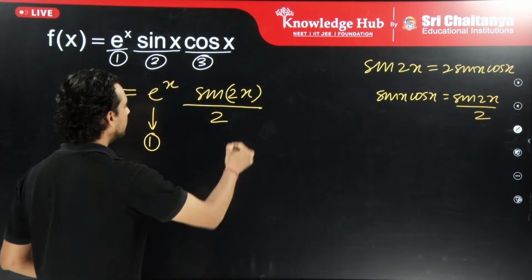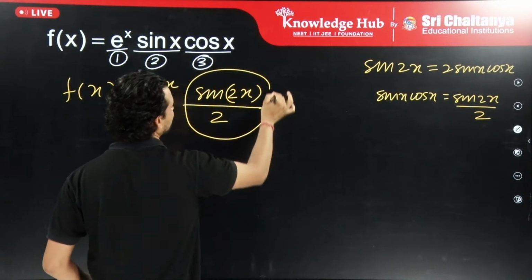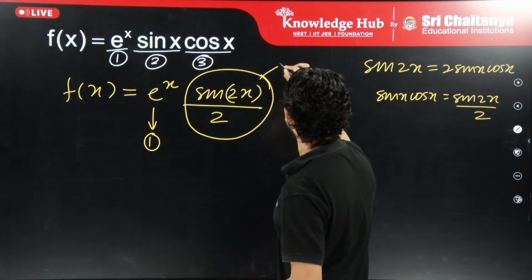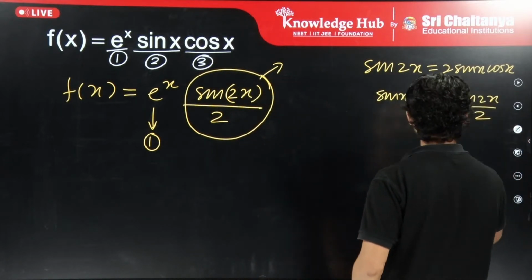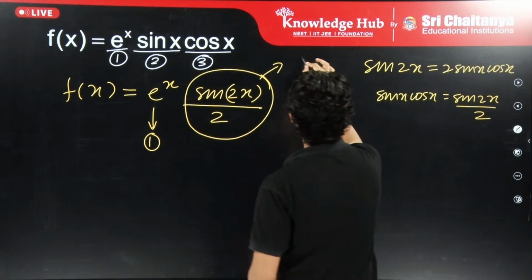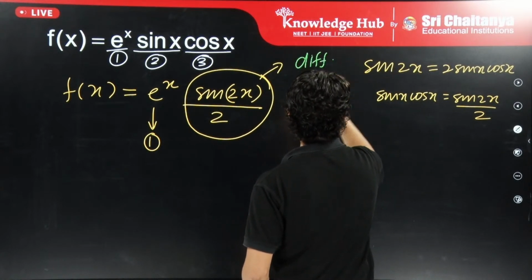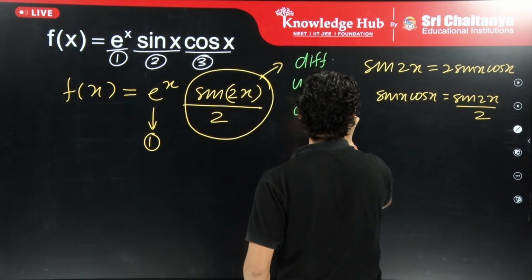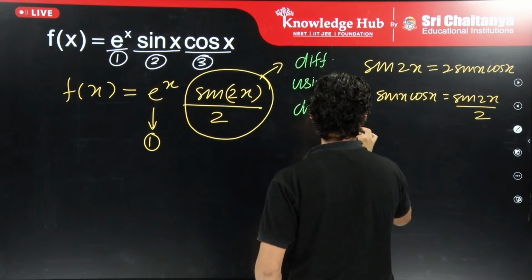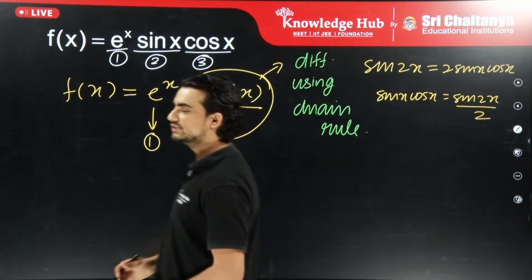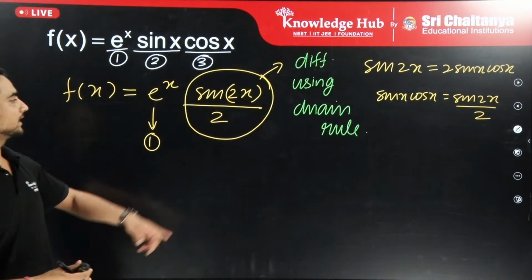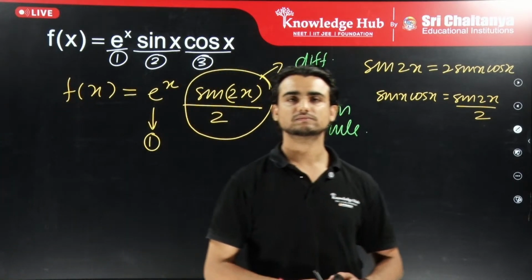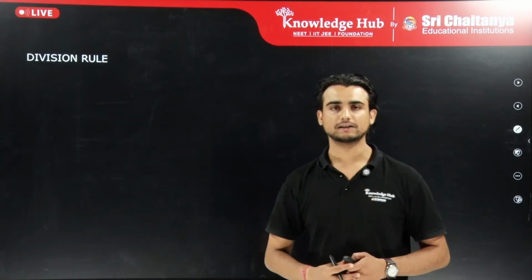So we will learn how to differentiate sin 2x using the chain rule. Once I complete the chain rule, please come back to this question and try to solve it. Let's move on to the next part.